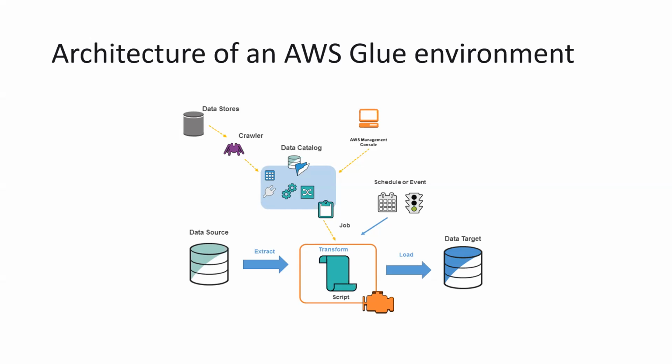What is a database? A database is a set of associated data catalog table definitions organized into a logical group. What is a table? A table is a metadata definition that represents our data.